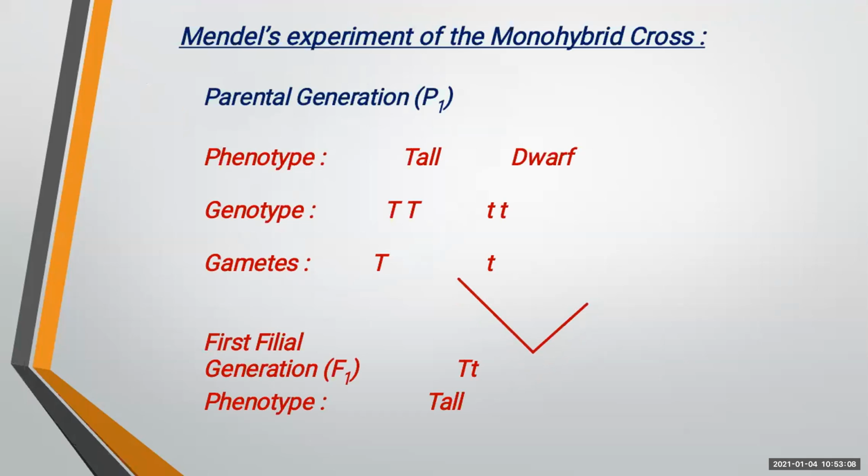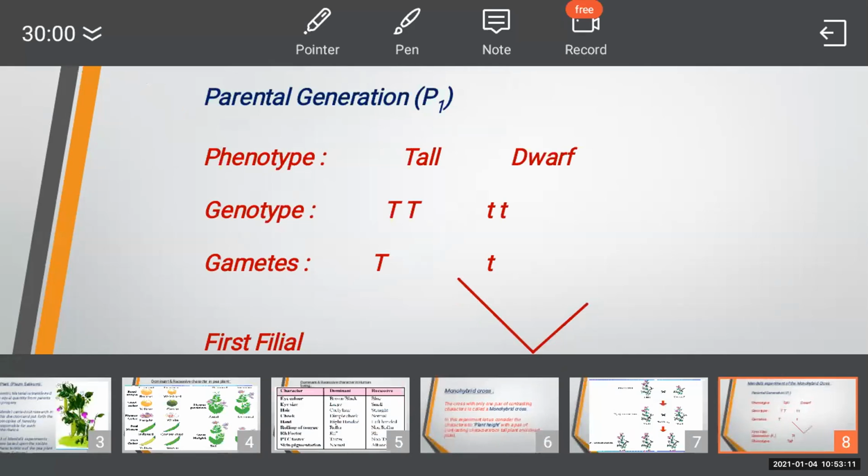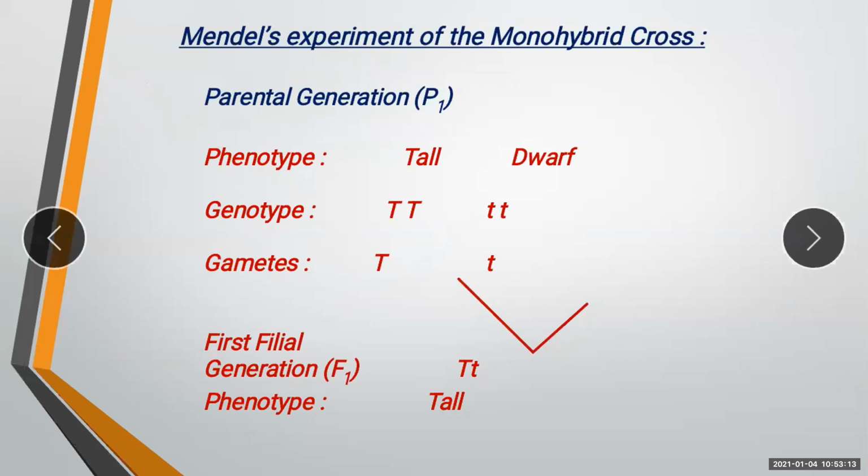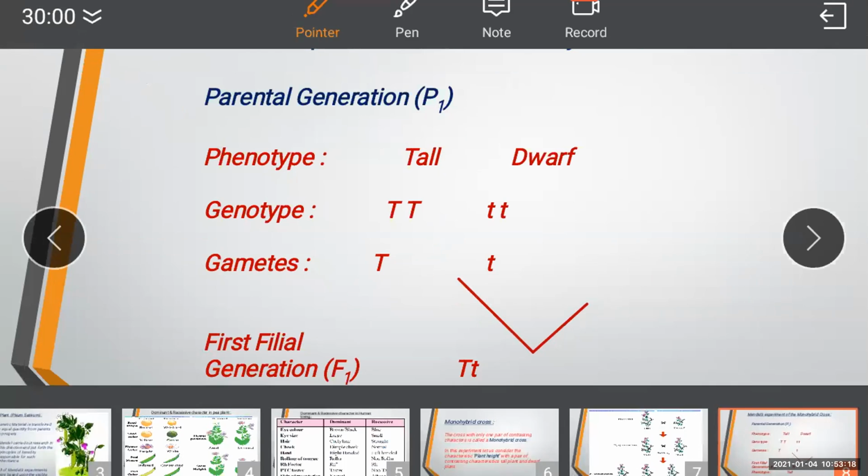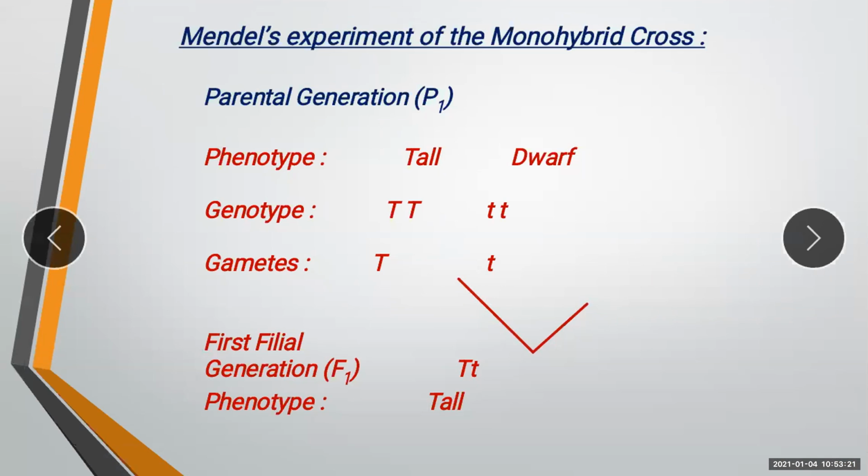What is the phenotype? Okay, I'll use a pointer so that I can point it out. See, in the parental generation, he has taken a tall and a dwarf plant. So that is the phenotype. What is the definition of phenotype? Phenotype means external appearance or visible characteristic of the organism, right? Whatever external appearance you can see with your eye is called the phenotype. So what was the phenotype of the parental generation? One was the tall plant and the other was the dwarf plant.